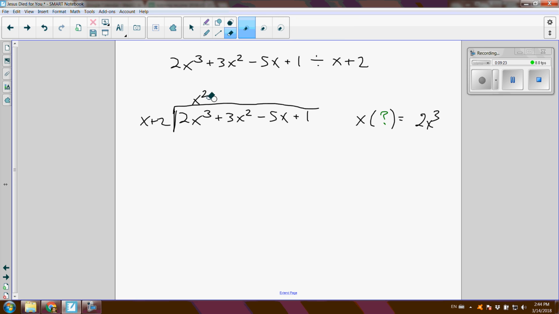What do you have to multiply x by to get 2x cubed? Well, the answer is 2x squared. X times 2x squared is 2x cubed.